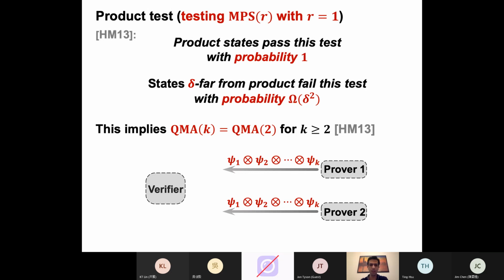But of course, the issue is that the prover can cheat by sending a k-partite state, which is entangled across different subsystems. But if instead of one prover, the verifier asks two provers to send the k witness states, then the verifier can run the two-copy product test that I just described to see if each of the provers is in fact sending a product or an entangled k-partite state. So two provers in this case just suffice for solving the problems that the QMA(k) class can solve.